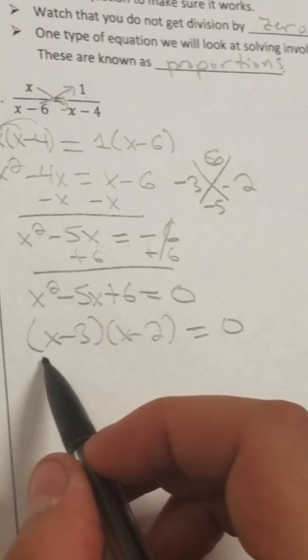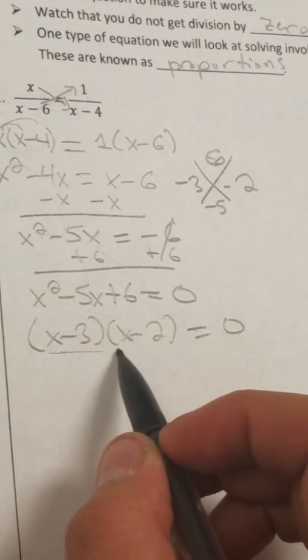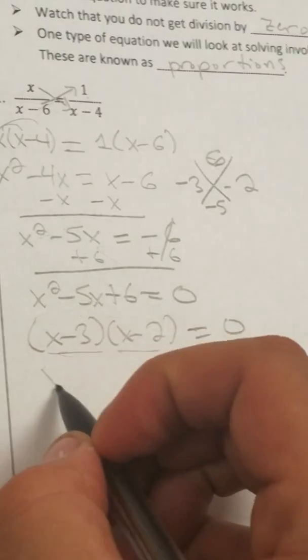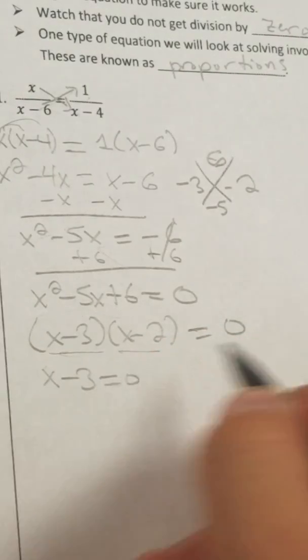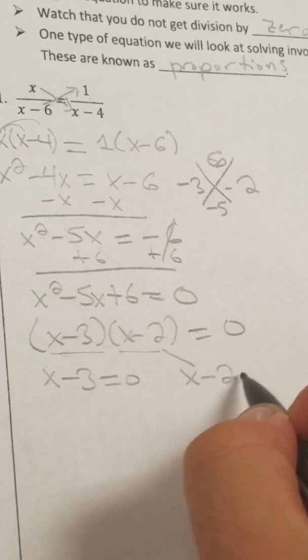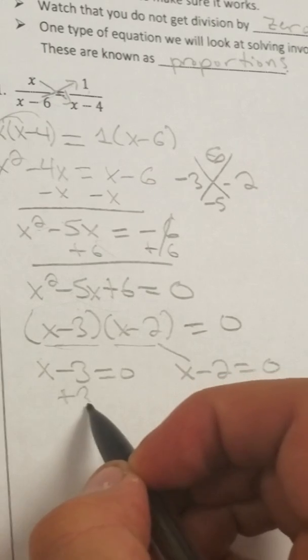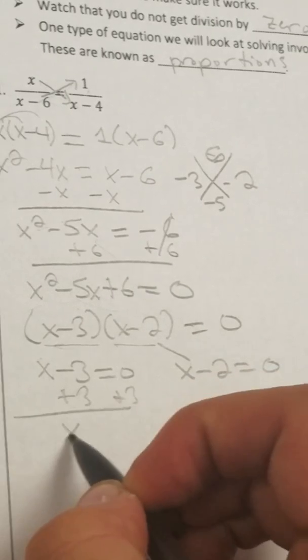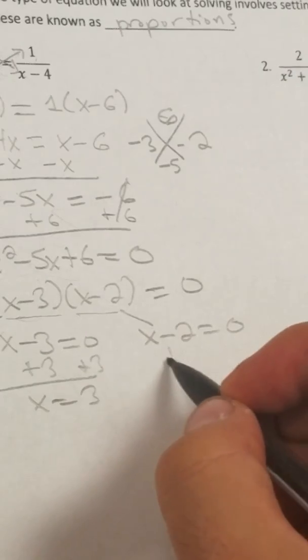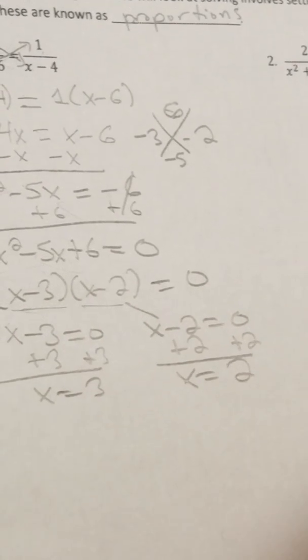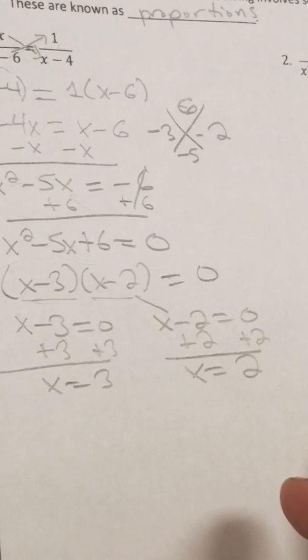So now what we do is we need to figure out what makes this 0, what makes this 0. If we say x minus 3 equals 0, you solve for x and you get 3. Same thing here, x minus 2 equals 0, you add 2 to both sides, and you get x is equal to 2. All right, so those are your two solutions.